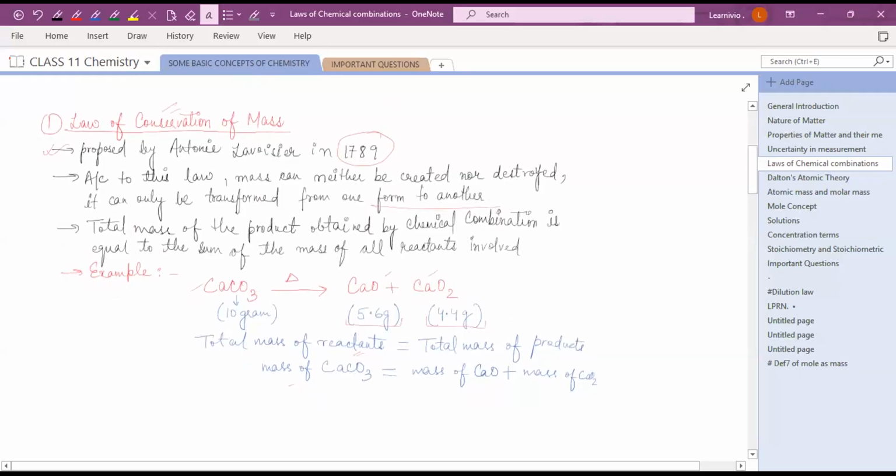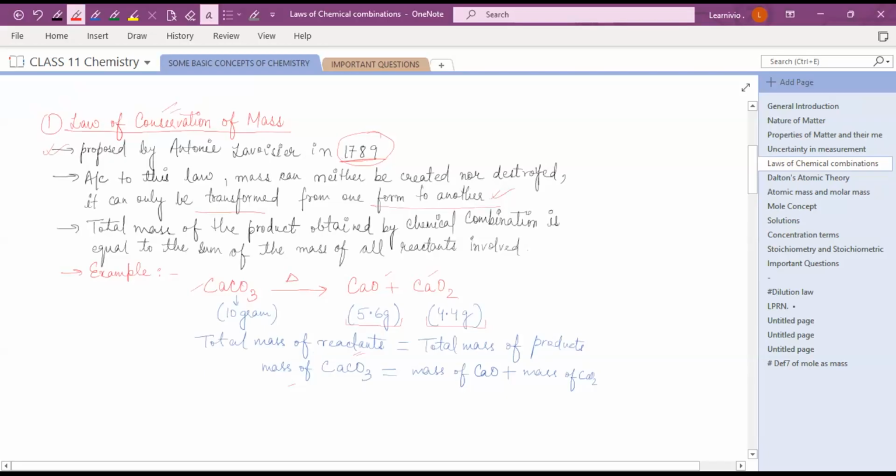So the first law is law of conservation of mass, right? And this law was proposed by Antoine Lavoisier in 1789. Okay, which year, 1789. According to this law, mass can neither be created nor be destroyed. It can only be transferred from one form to another.